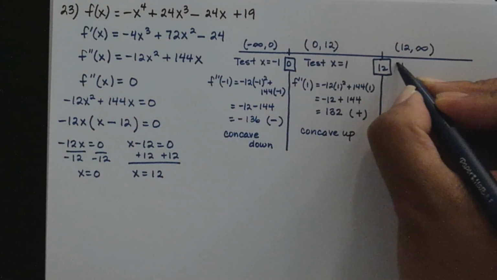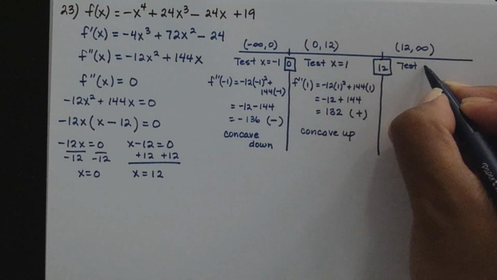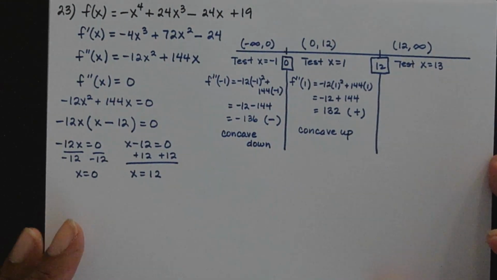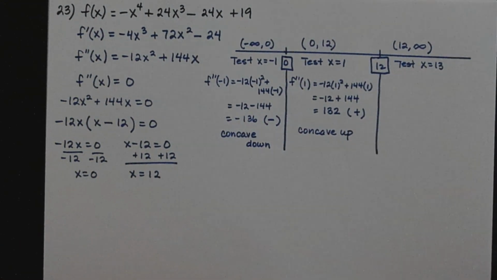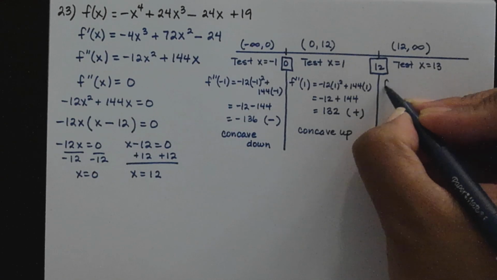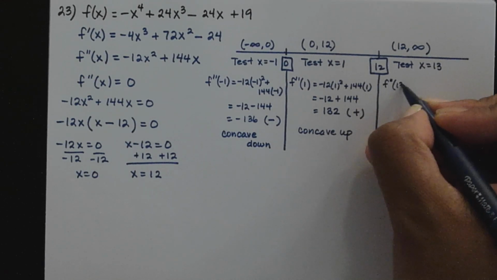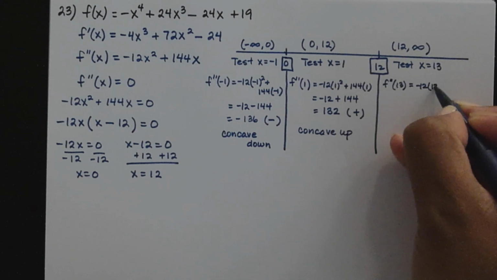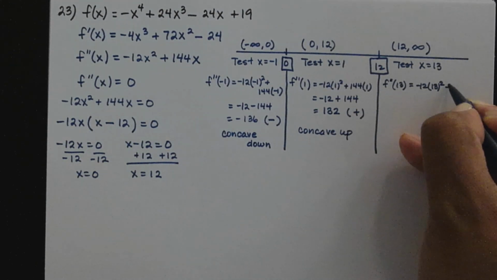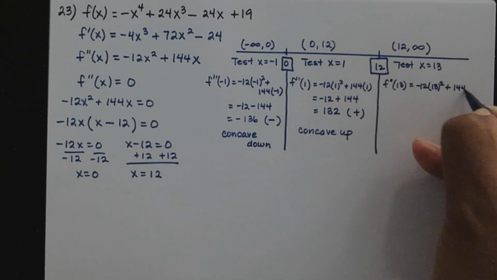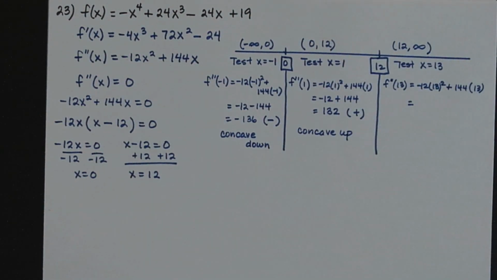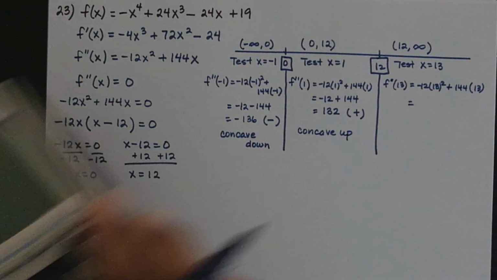And then for 12 to infinity, I'm going to use 13. I know that's a big number, but let's see what we can do with that. This is f double prime of 13. That's equal to negative 12 times 13 squared plus 144 times 13. I'm going to use my calculator to calculate this.